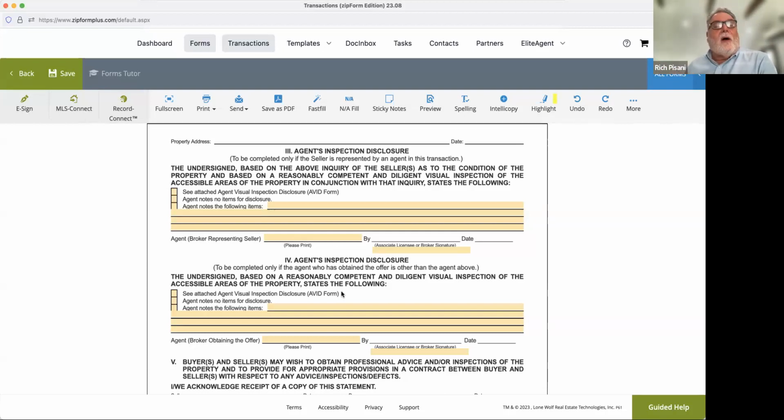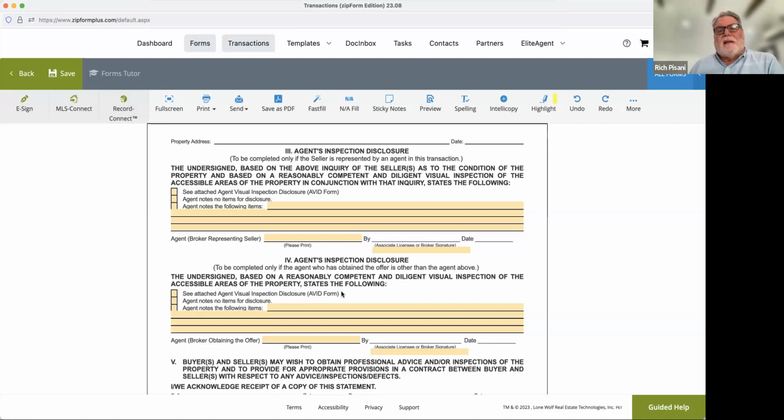So you are always going to say, see attached agent visual inspection disclosure, and the agent representing the seller then signs this. Okay, so very important.